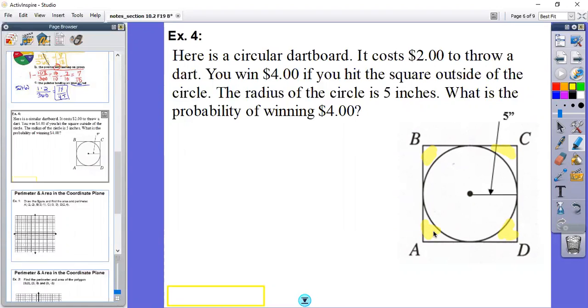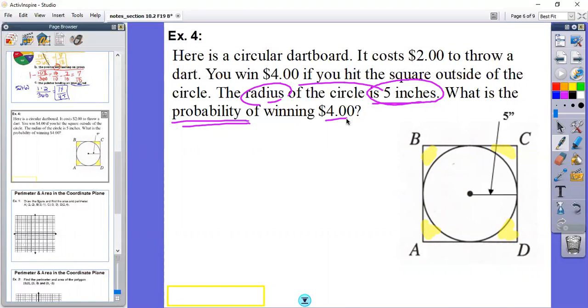And then they tell us that the radius is 5 inches, right? Radius 5 inches. And they want to know what's the probability that we win $4. So basically probability that I hit the square outside of the circle if we are throwing a dart.